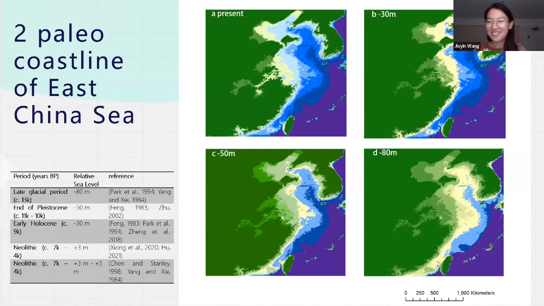So here we have 4 maps, and each of them represents the location of the paleo coastline when the sea level was at different depths.